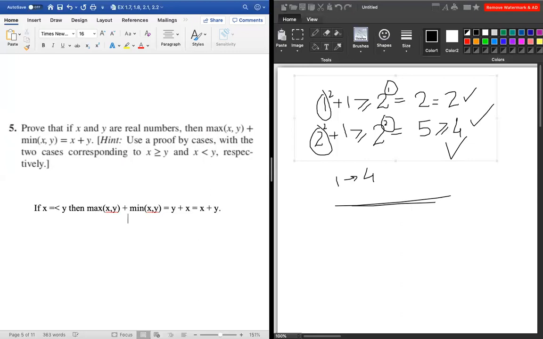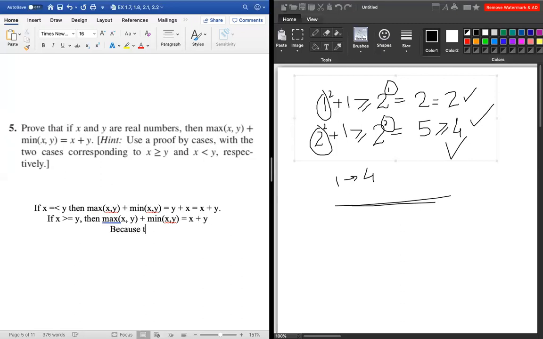Okay. Now if x is greater than or equal to y, then max of x and y plus min of x and y equals x plus y, right?